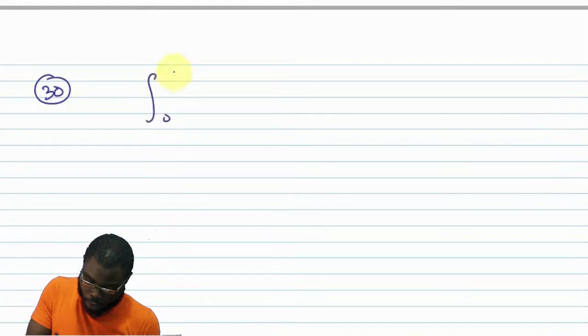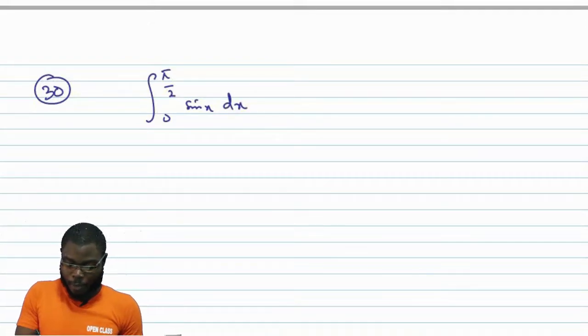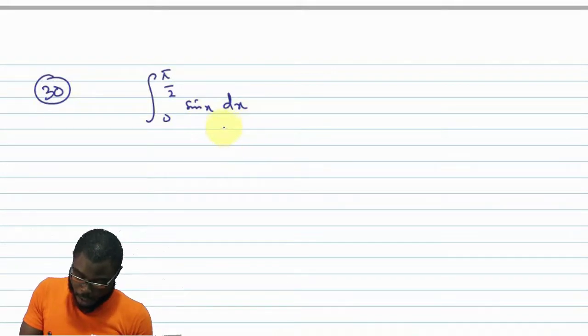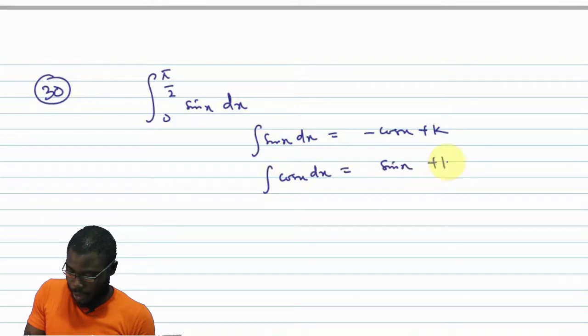Remember that in the integration of trigonometric functions, if you integrate sine x with respect to x, you get minus cos x plus a constant. If you integrate cos x with respect to x, you get sine x plus a constant.